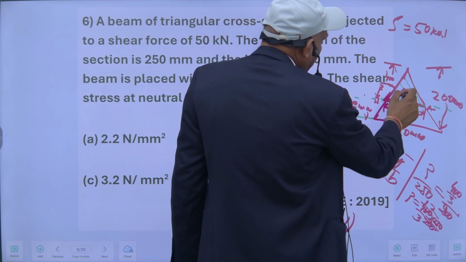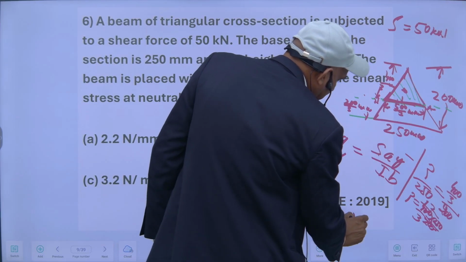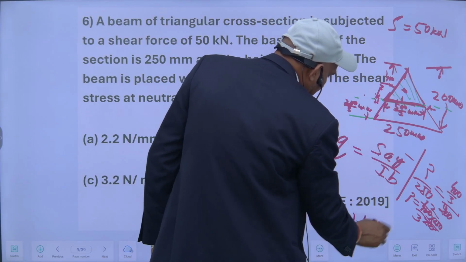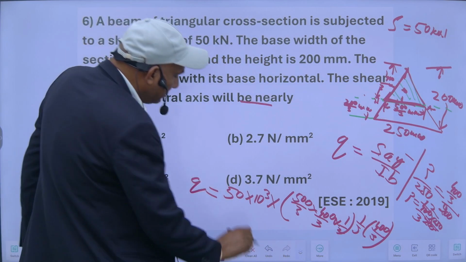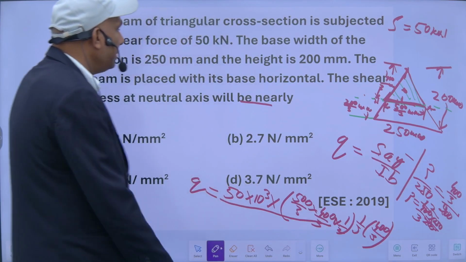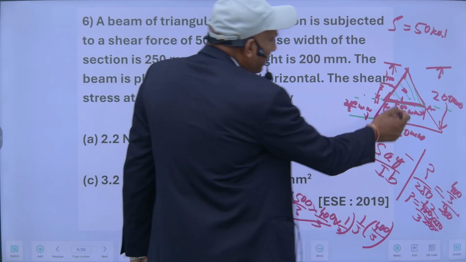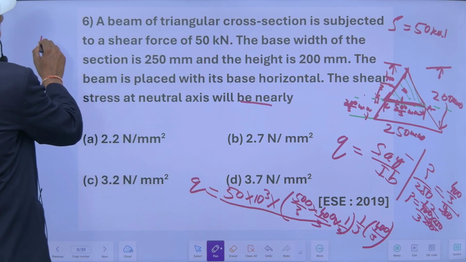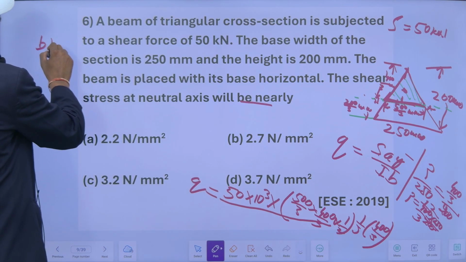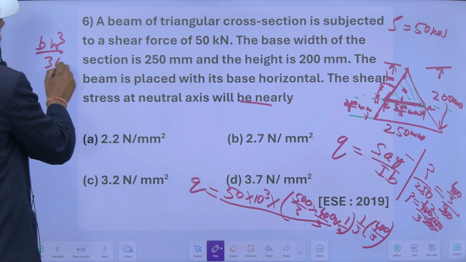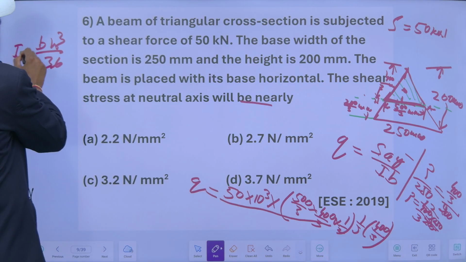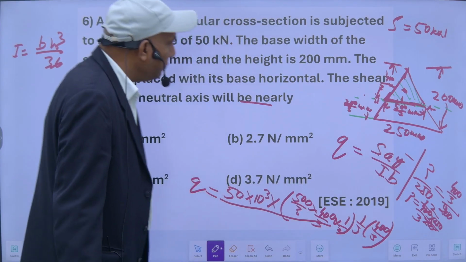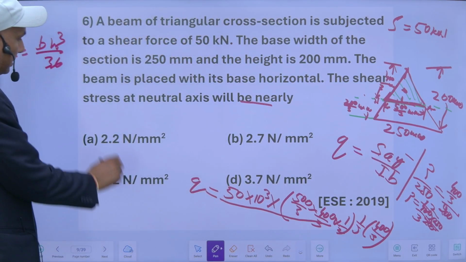So this distance will be 1 by 3 of the total height. So this is S A y bar upon moment of inertia. The moment of inertia of the triangle about its centroid will be b h cube upon 36. This is the formula of moment of inertia of a triangular portion about its neutral axis.